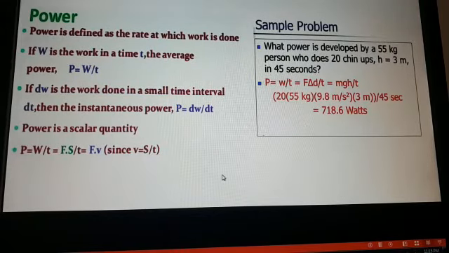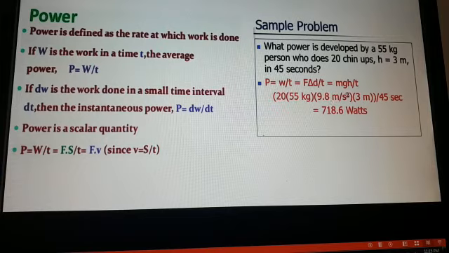And here is a simple problem. What power is developed by a 55 kilogram person who does 20 chin-ups, with a height of 3 meters, in 45 seconds? Power is equal to work done divided by time. Work done is force times distance, that is 20 multiplied by 50 kilograms multiplied by g, 9.8, multiplied by height, 3 meters.